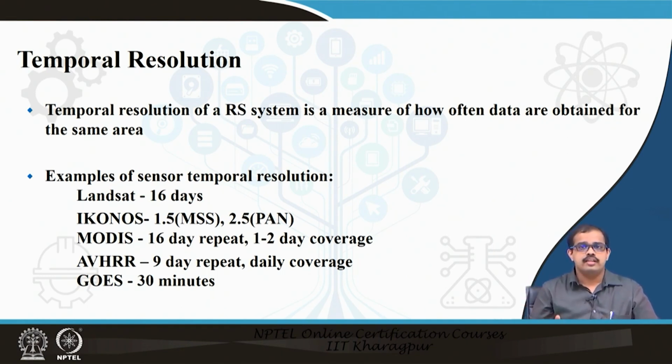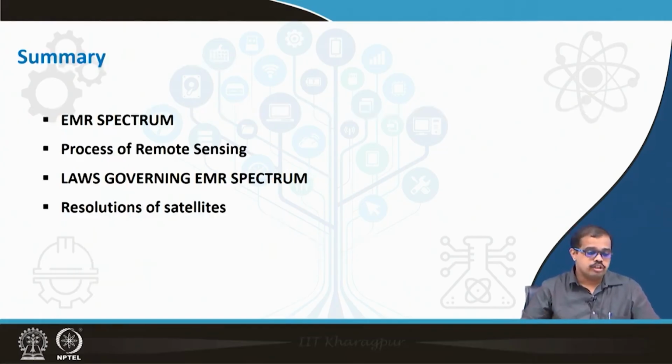These are very interesting satellites and sensors. AVHRR is one of them, with a 9-day repeat cycle, and you have GEOS, which is about 30 minutes. So, this is about temporal resolution, the last kind of resolution that needs to be understood.